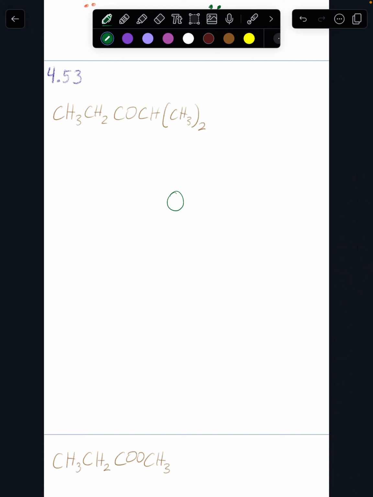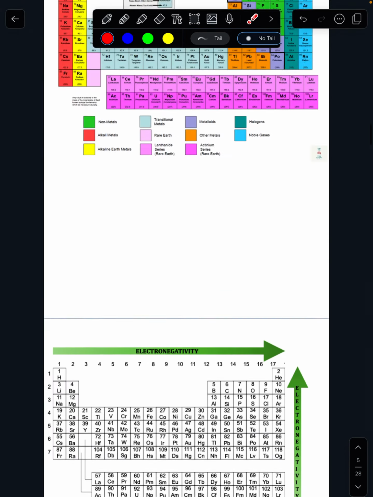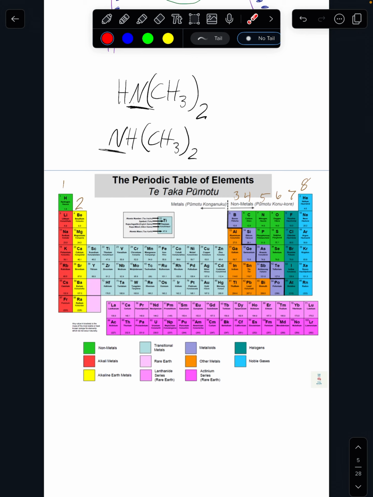And because it has just a carbon and a carbon, there's no hydrogens connected to it, so it's going to be a balanced one.